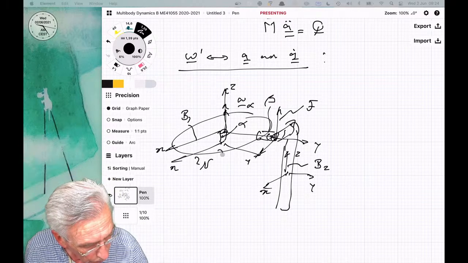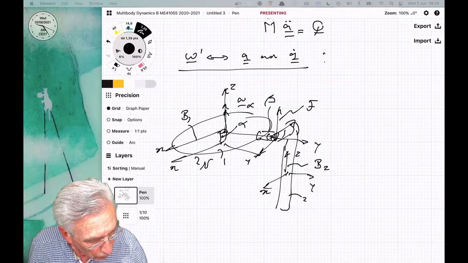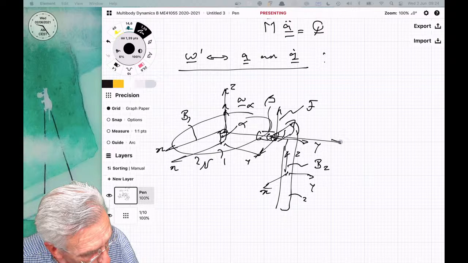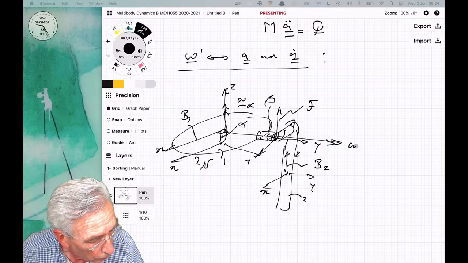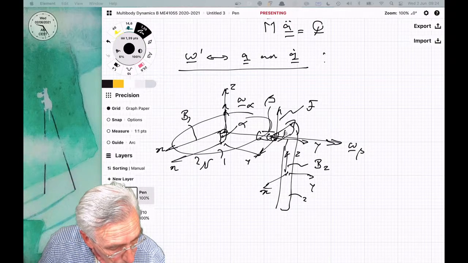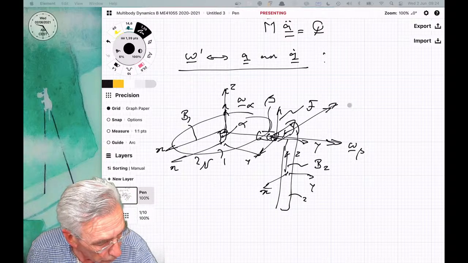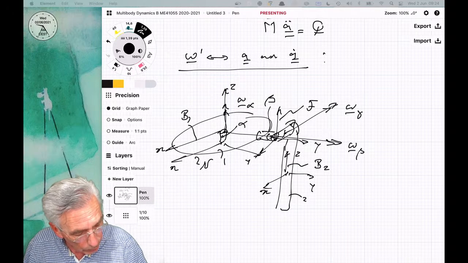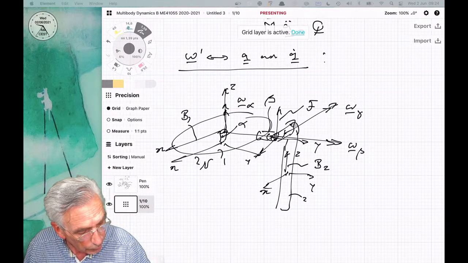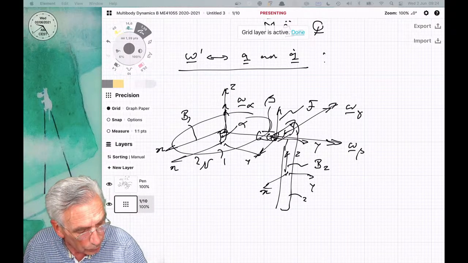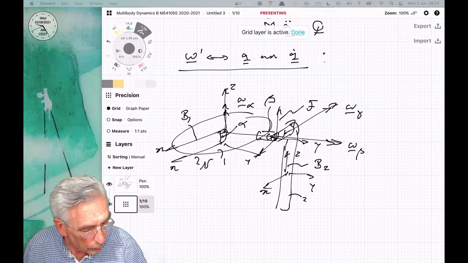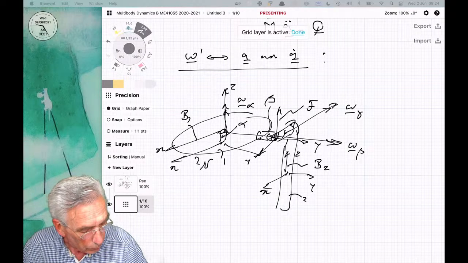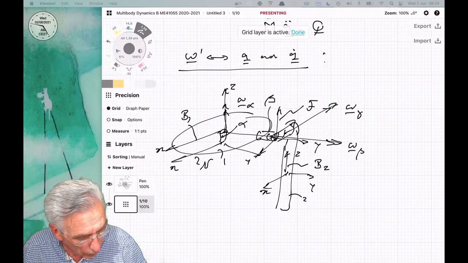So this was body 1, and this was body 2. Again, in this picture we can draw arrows in the sense of, oh yeah, this is an omega vector of beta, and this is like an omega vector of gamma, right? In our picture we can draw that as a vector with a clear direction, like it's along this direction. Since we defined all these triads, all these coordinate systems, we can follow the chain and know where everything is.